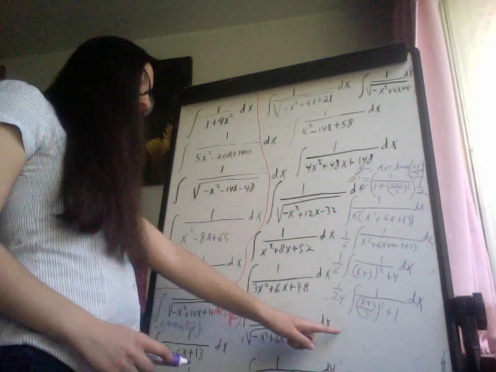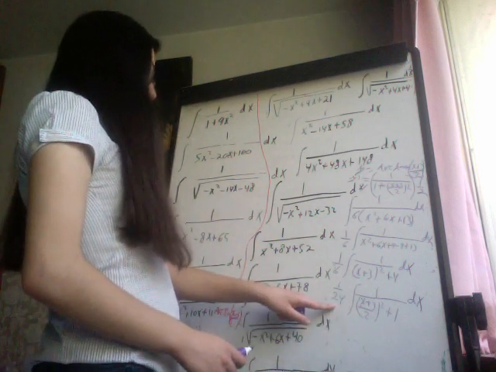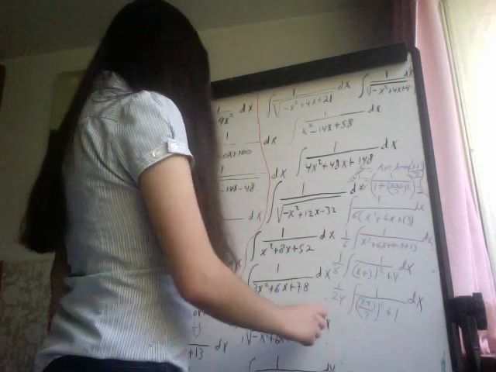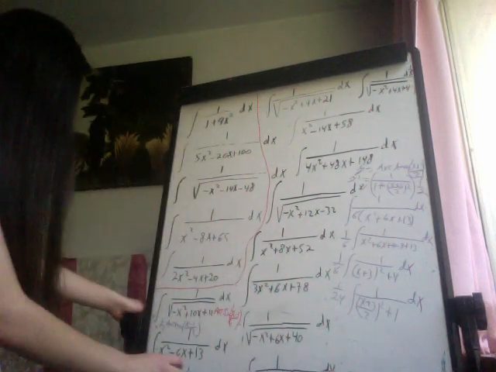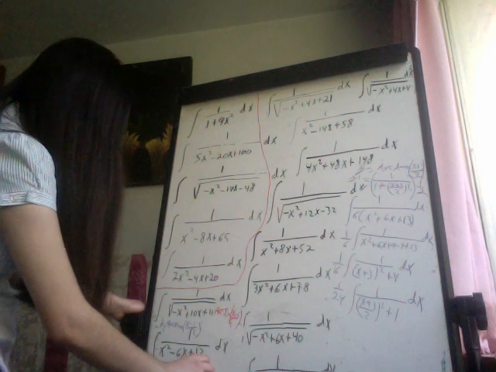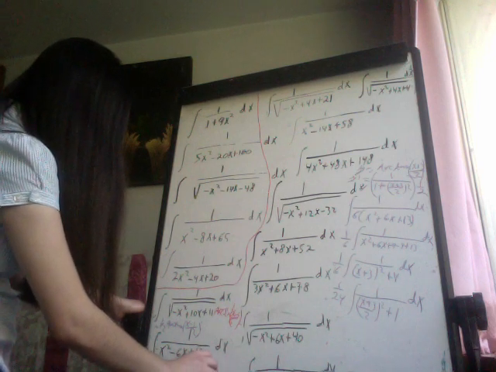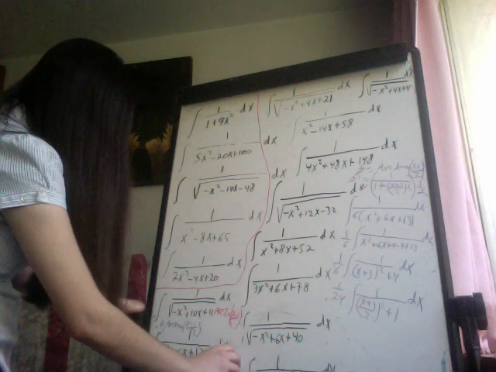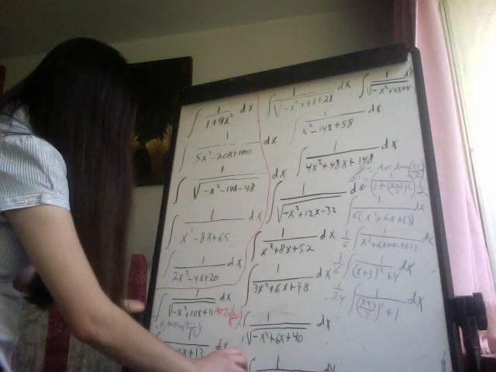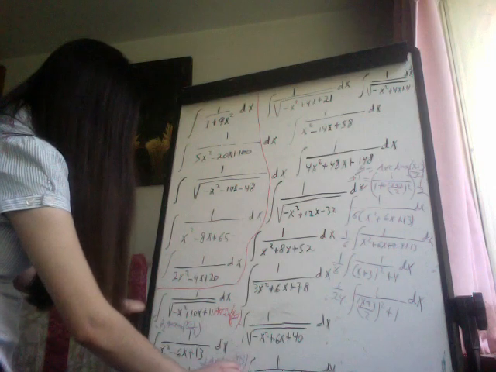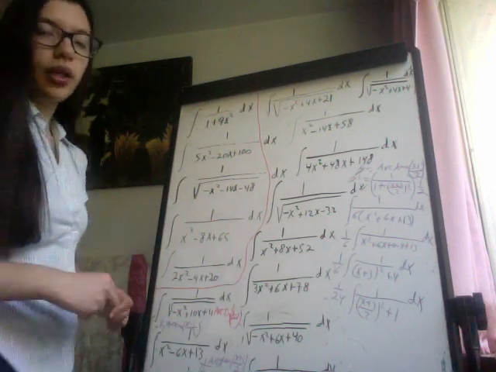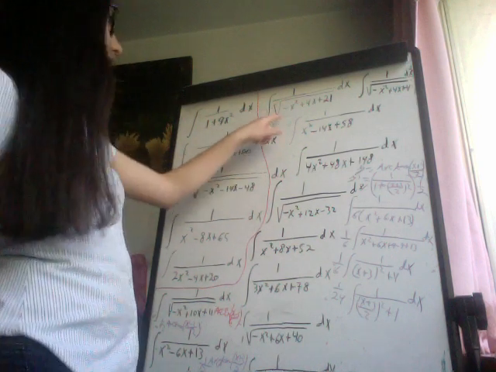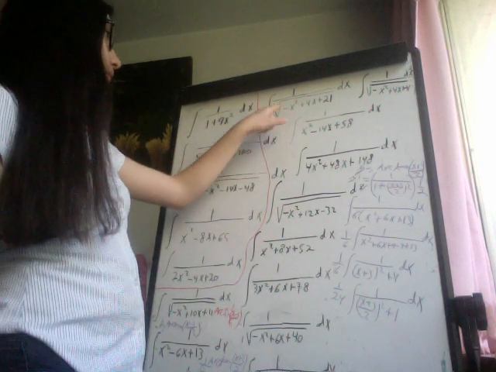So here we can separate the 1 over 24 as 1/2 and 1/12. So this will be 1 over 12 times the arctangent of (x plus 3) divided by 2.